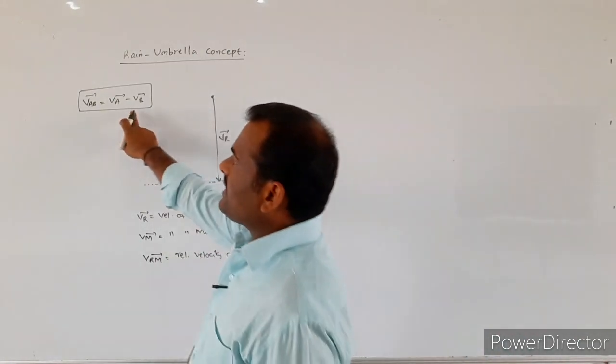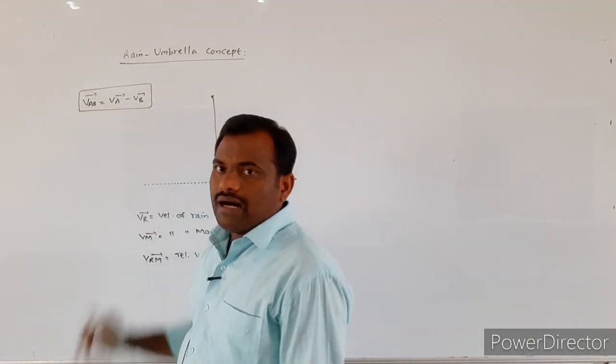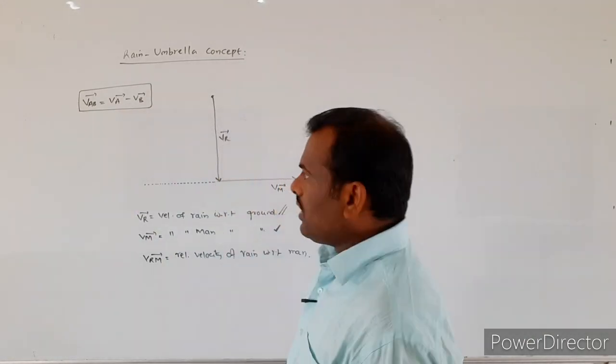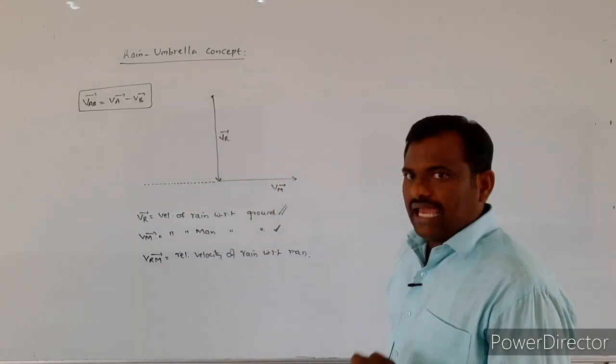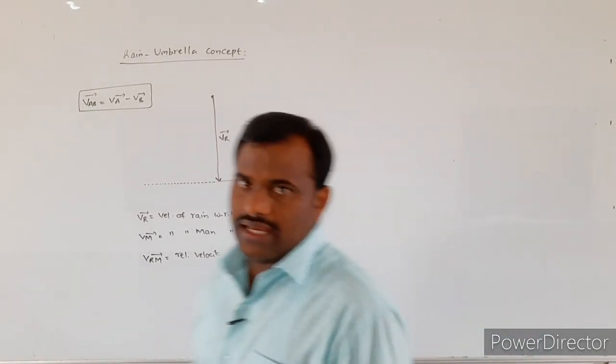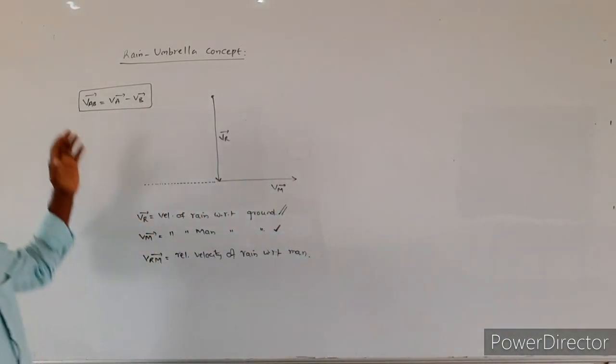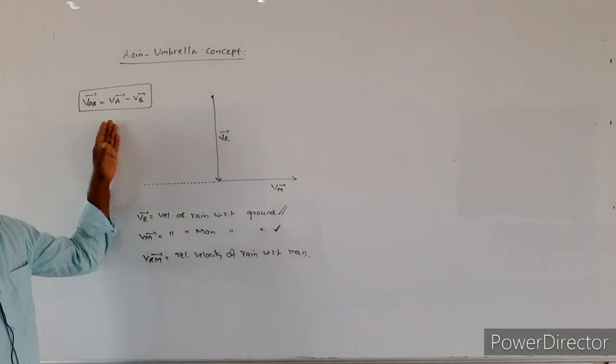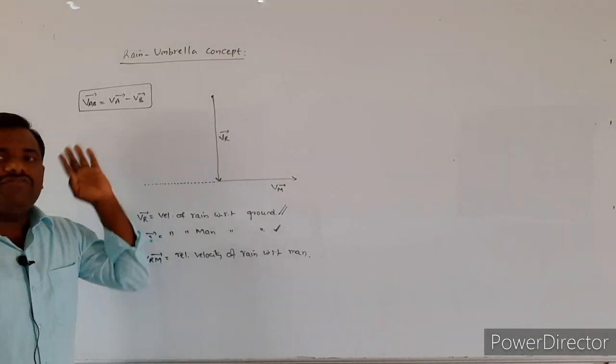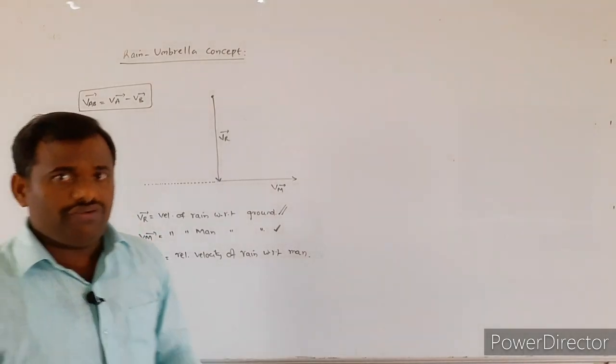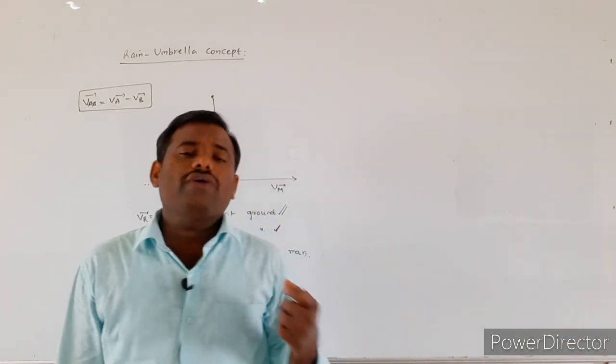Once again coming to the general formula, VAB bar is the velocity of A with respect to B, which can be written as VAB bar equal to VA bar minus VB bar. Now, what are we going to find here?